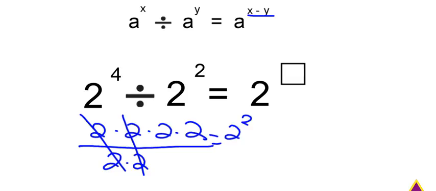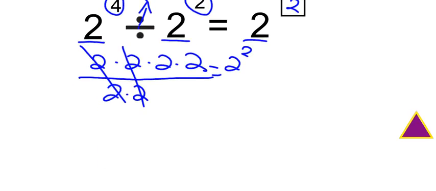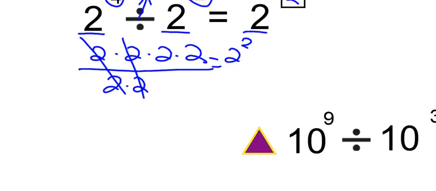What did I really do here? I took a base of 2, the base of 2 stays. From there, 4 and 2, division of exponents means subtract. 4 minus 2 equals 2, and our answers are agreeing. So once again, use this formula to solve this problem.